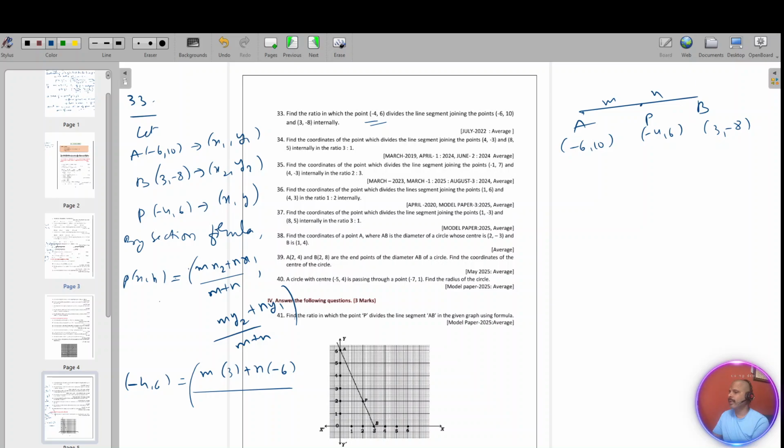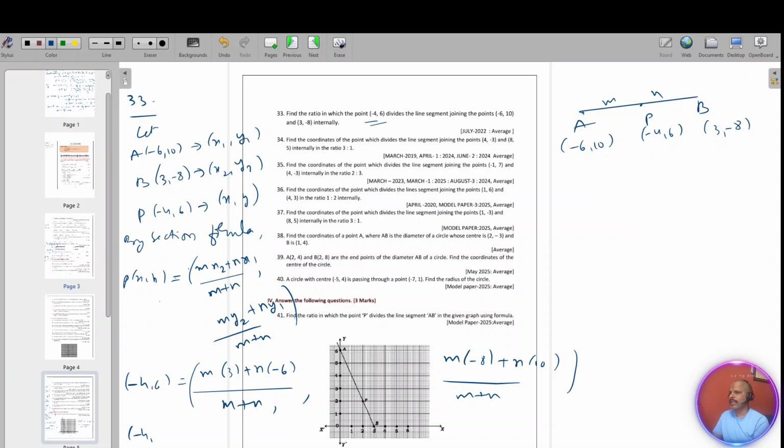See, now m plus n is m plus n only. I'll write here. Check: m y2, m is m, y2 is minus 8, plus n, y1 is 10, by m plus n.